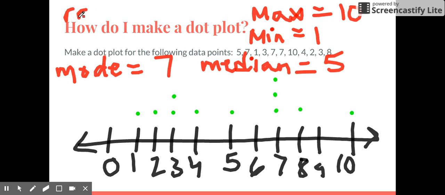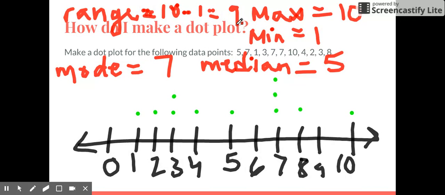Range would be my last one because remember, range is going to help us figure out what kind of distribution this is and what kind of variability it has. So we're going to look at the range. Range is just your maximum minus your minimum. So I'm going to take 10 minus 1 to get an answer of 9. So my range is 9.